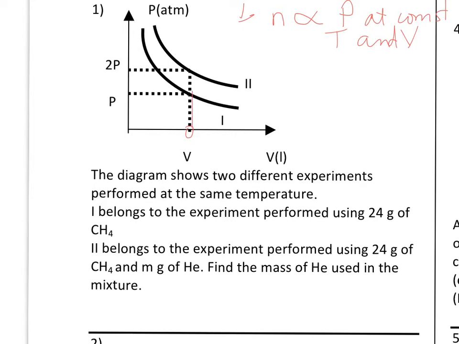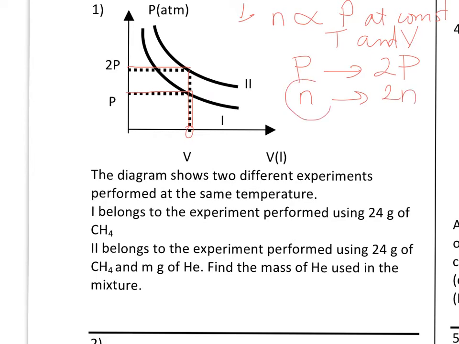In the first trial we have a pressure of P, while in the second trial after some helium gas has been added the pressure has been doubled to 2P. So if the pressure has been increased from P to 2P, the number of moles has been increased from N to 2N.